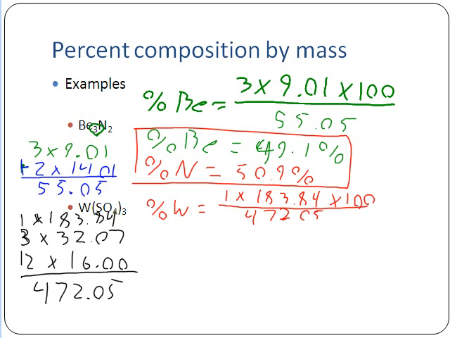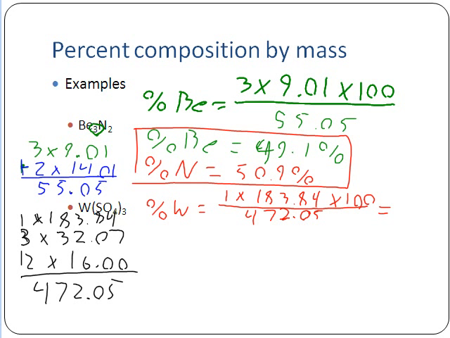So if we do the math on this, 1 times 183.84 times 100, and then divide that by 472.05, we get 38.945. That'll round just to 38.9.